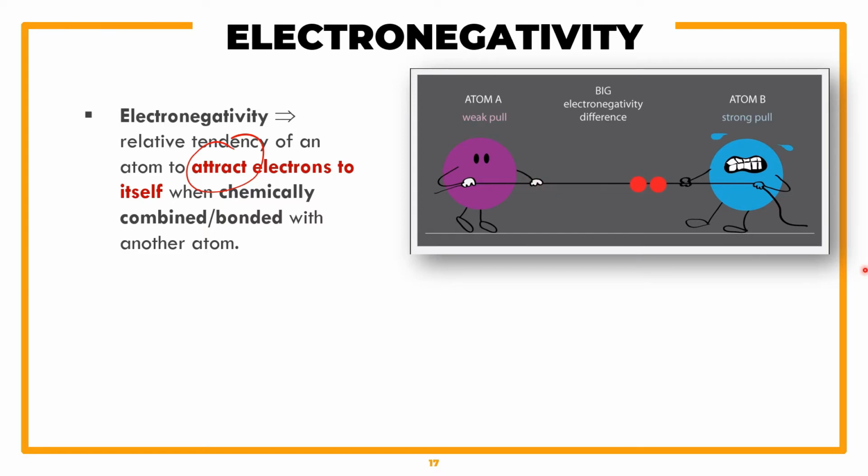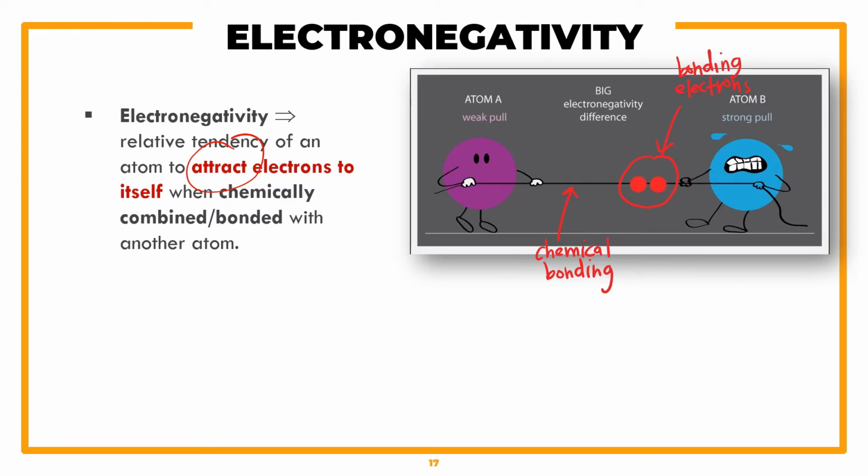This rope refers to chemical bonding, and the two spheres here refer to bonding electrons. So now this is actually the example of a molecule, and in this molecule we have two atoms that are covalently bonded. Okay, yang mempunyai chemical bonding iaitu covalent bonding contohnya.